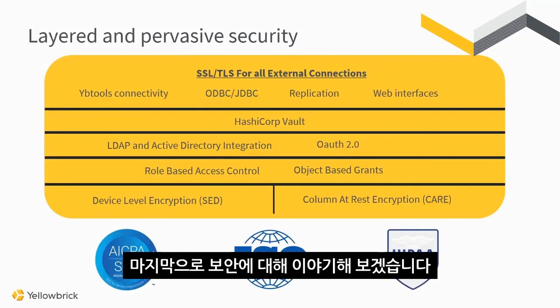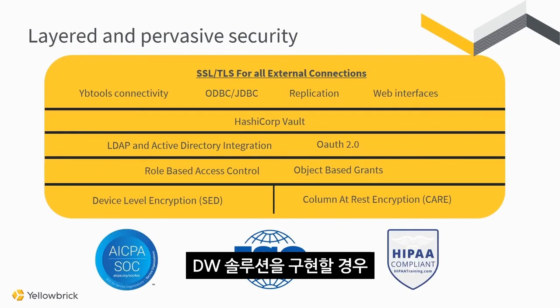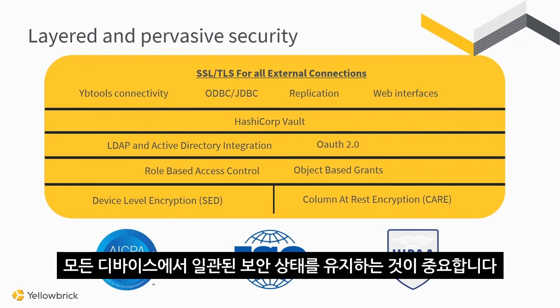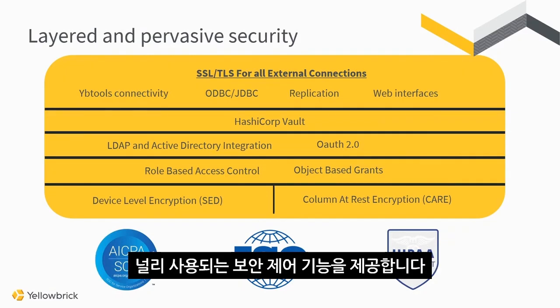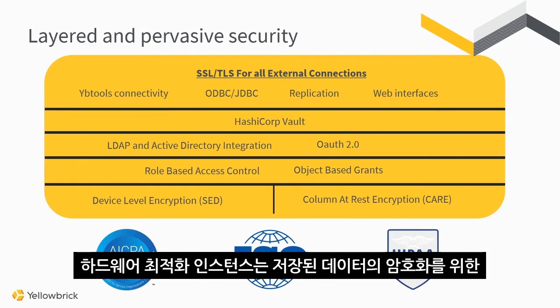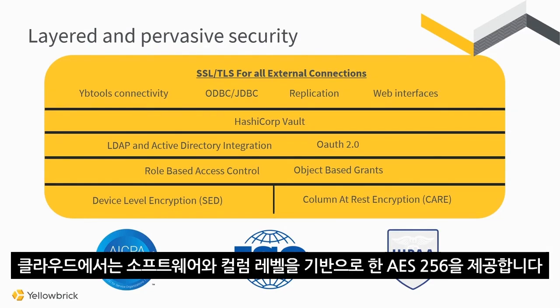And lastly, let's touch on security. When implementing a data warehousing solution across public, private clouds, and at the edge, you want to ensure that you have a consistent security posture across all deployments. Yellowbrick offers layered and pervasive security controls throughout the stack. Our hardware-optimized instances offer AES-256 self-encrypting drives for encryption at rest. And in our cloud-native deployments, we offer that same AES-256, but it's based on software and at the column level.